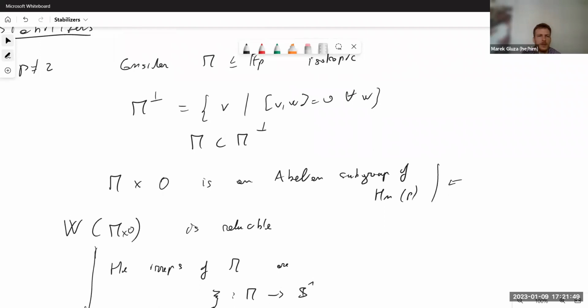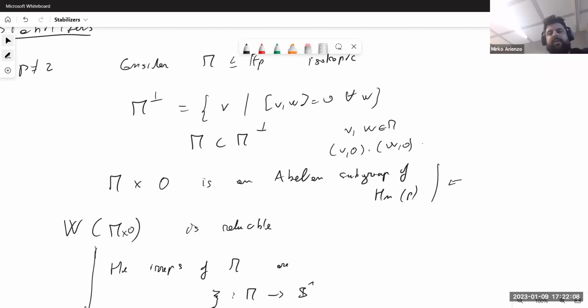No, you don't, because if you take V and W in M, the first term is abelian, right? And the second term, 0 plus 0, then you would have 2 to the minus 1 VW.